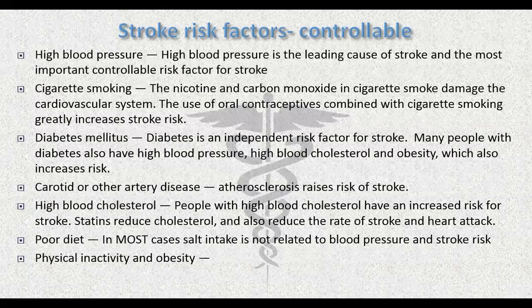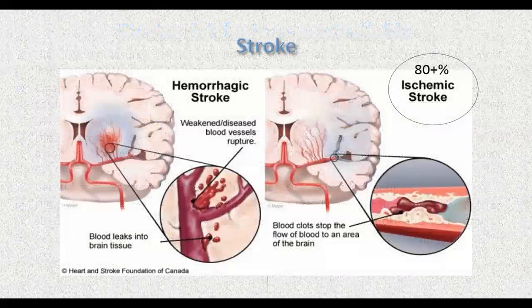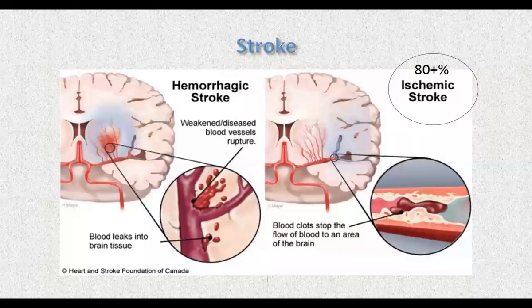Strokes are essentially driven by some kind of failure in the blood supply to the brain, and so anything that's likely to precipitate that is going to be a problem. If you have fatty buildups in your arteries, it's going to be easier to block those arteries. And that's why some of these risk factors are there.